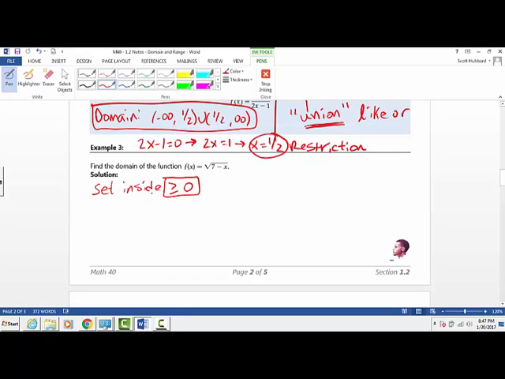You set the inside, not anything on the outside, just the inside, bigger than or equal to 0. So for this problem, that means I'm going to be setting 7 take away x bigger than or equal to 0. Okay? And then you just solve it. So just add x to both sides.